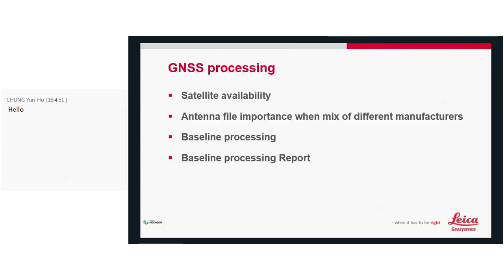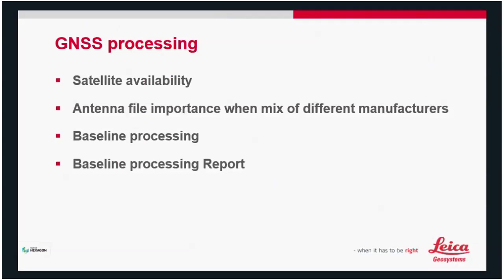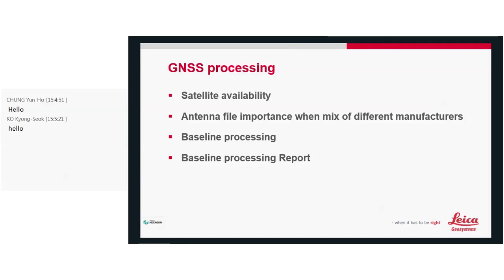Another thing we really need to look after is the antenna files, which is important when there is a mix of different manufacturers and models. Then we talk about baseline processing, how to do it, and how to decode these baseline reports.